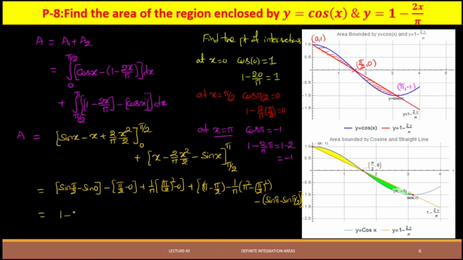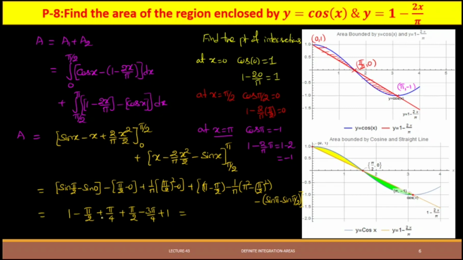Sin pi by 2 is 1, 1 minus 0, this becomes 1 minus, this is pi by 2, and this is going to be pi square by 4, so pi gets cancelled, then this becomes pi by 4, plus pi minus pi by 2 is pi by 2 minus pi square minus pi square by 4 is 3 pi square by 4, 1 by pi into 3 pi square by 4, it is 3 pi by 4 minus sin pi value is 0 plus sin pi by 2 is 1.